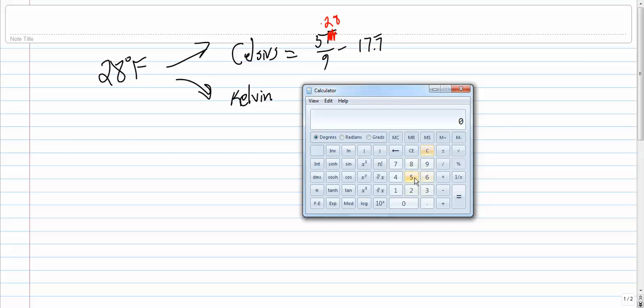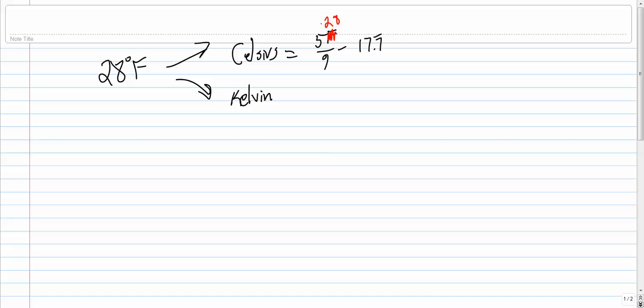We're going to go 5 times 28 equals, divided by 9 equals, minus 17 point, I'm just going to hit a bunch of 7s, and boom. So negative 2.2. And if you had a thermometer or you're listening to it on the radio, you wouldn't get the decimal anyway. So you would just say that the Celsius temperature is negative 2 degrees Celsius.